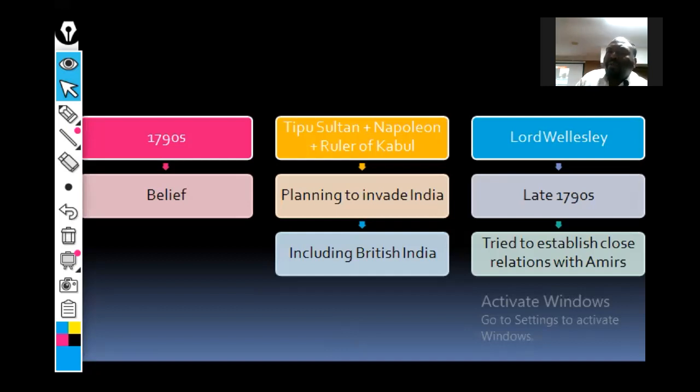Lord Wellesley wanted Sindh badly. Why did he want close relations with Sindh? Because he wanted the second line of defense to be completed. Understanding? His intention was to put in that second ring.